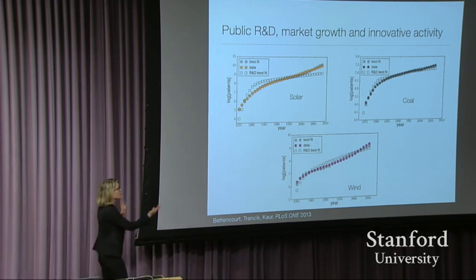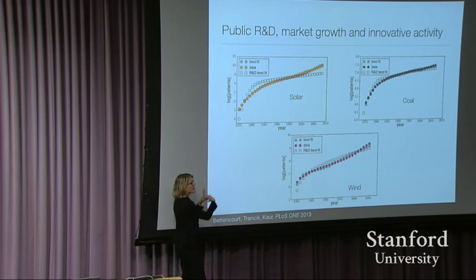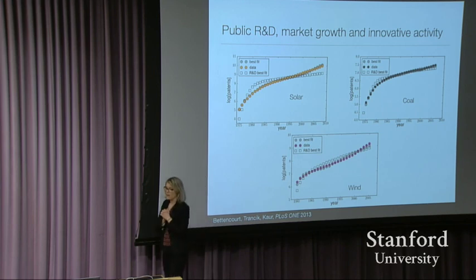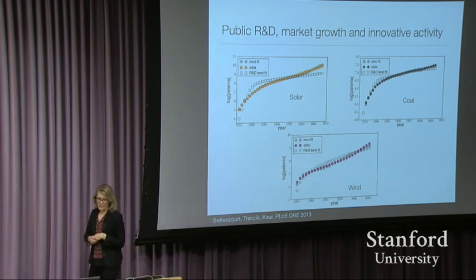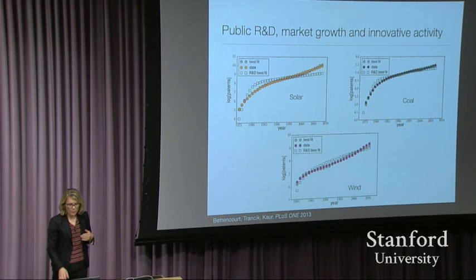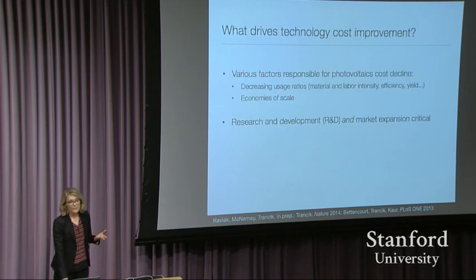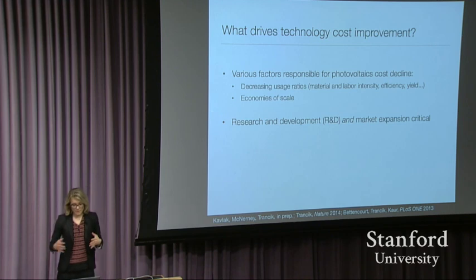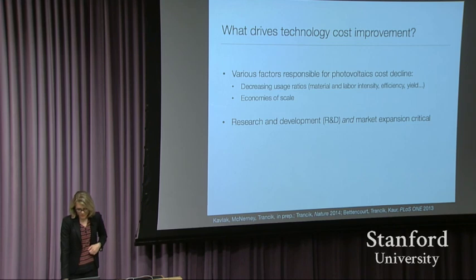So this is not as much of a mechanistic model, it's just empirical data and regression analysis, but it also gives us some evidence of the importance of market expansion in driving down the costs. And public R&D was also very important, but market expansion was arguably more so in recent years.